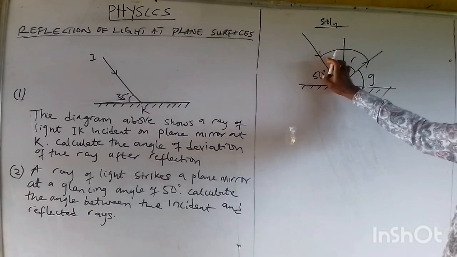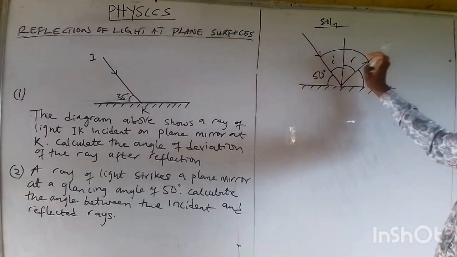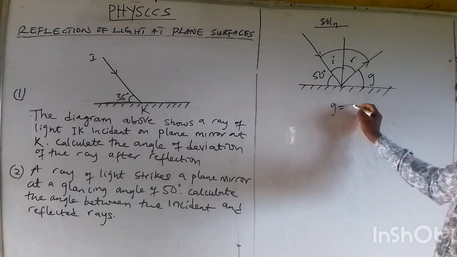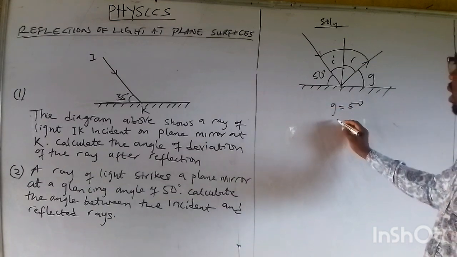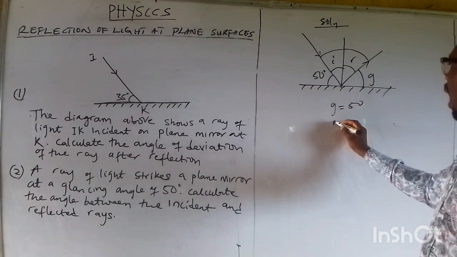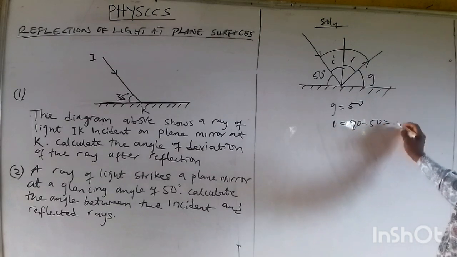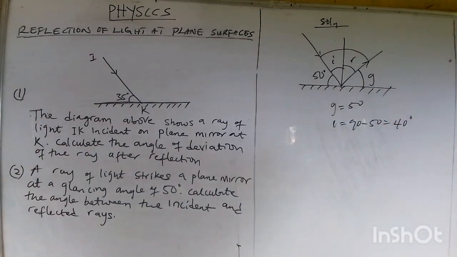And how do you get from here to here? Just add this and this. The first thing to get, since our G is 50 degrees, is that our I is equal to 90 minus 50, which is 40 degrees.